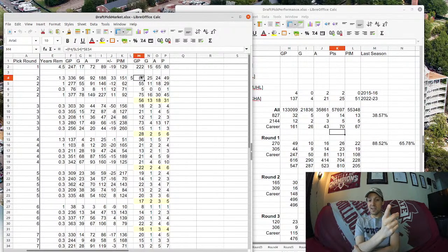And then on top of it, the other thing is we looked at 10 years of draft picks, which means that half the draft picks would have only, well, for example, last year's draft pick would have only had two this season as an opportunity to make the NHL, whereas the 10 years ago would have had 10 years to make the NHL.